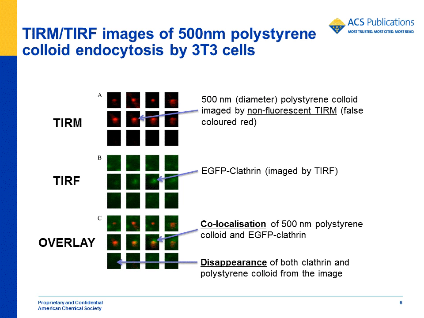Panel C is an overlay of the TIRM and TIRF images. An increase in yellow intensity between images 5 and 8 indicates co-localization of EGFP-Clathrin with the colloid. The disappearance of all signals after image 8 indicates that both the particle and clathrin have moved outside the microscope's axial imaging range of approximately 200 nanometers and been internalized by the cell.